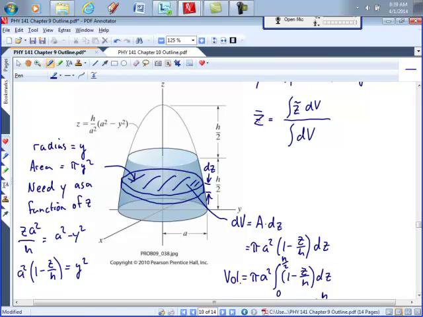To find my z bar, I've got the denominator. I need to now find the numerator. What's my z tilde going to be for this volume? What's the centroid of this disk of thickness dz?